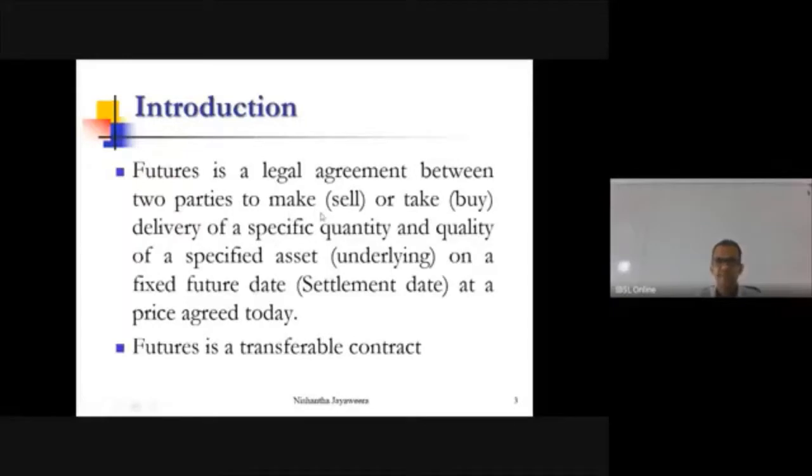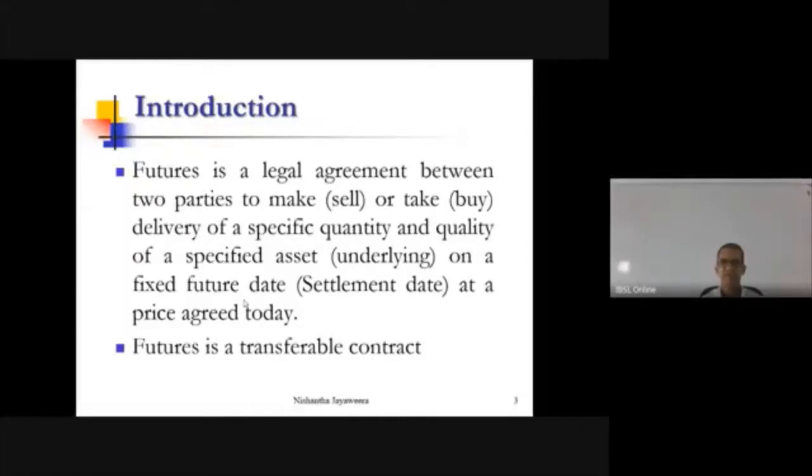What is that asset or commodity that you are going to buy or sell? That is specified. And the quantity is specified. And for goods, there should be a quality, which is specified in the contract. And the date when you are going to deliver, or deliver means receive or give it to the other party, that we call settlement date, is agreed, and the price is also agreed today.